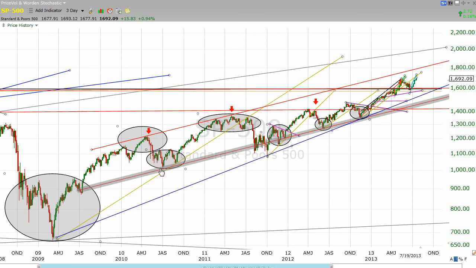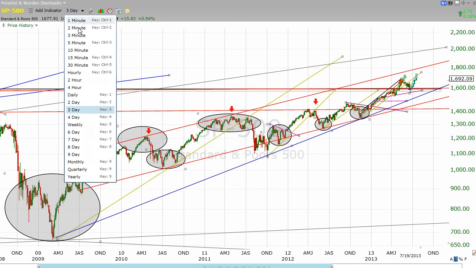Not this low. Spoke out of turn there. But I still think this is a very important line. This line is the one that has the tag on that late June, early July low in the summer of 2010.